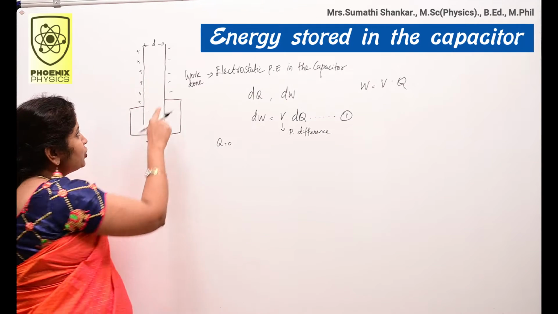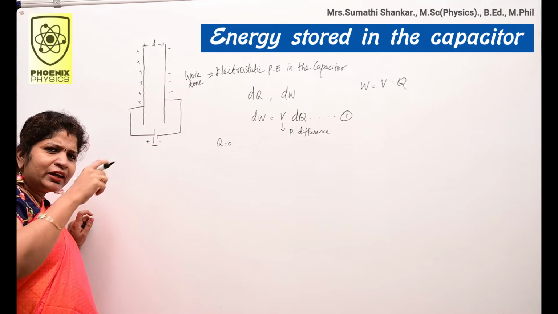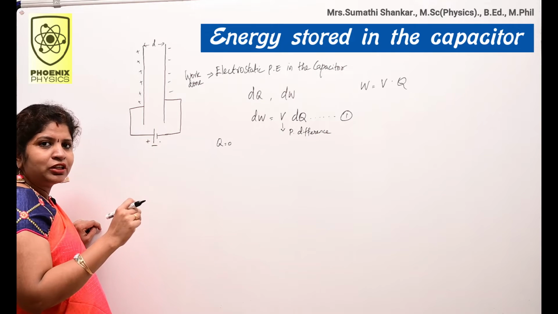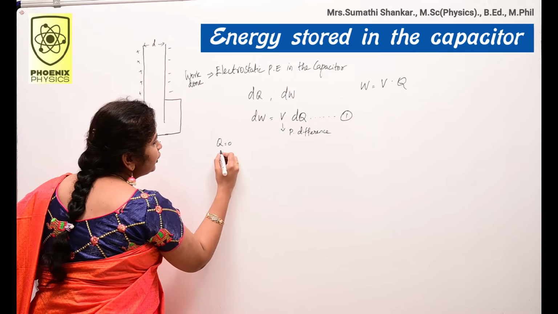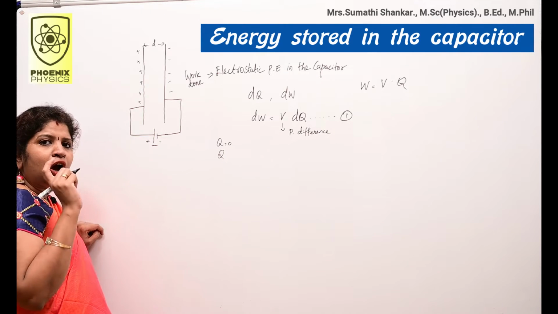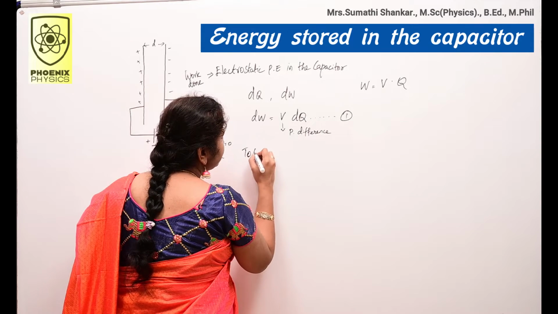As the capacitor is being charged, the charge gradually builds up. After some time it reaches the value Q. Then how do you find out the total work done?